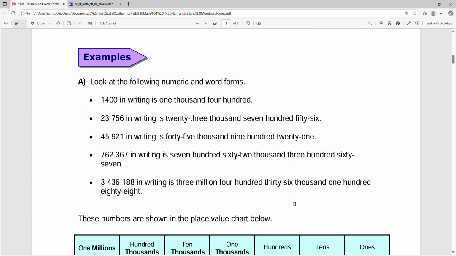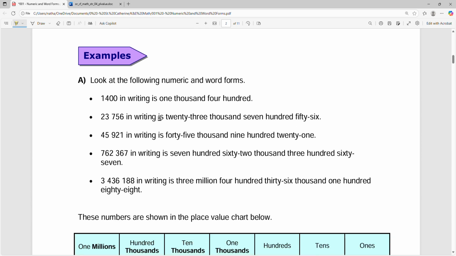So let's look at some examples. Look at the following numeric word forms. We've got 1,400. When we write that out, we can kind of think of those in sets of 3 numbers.